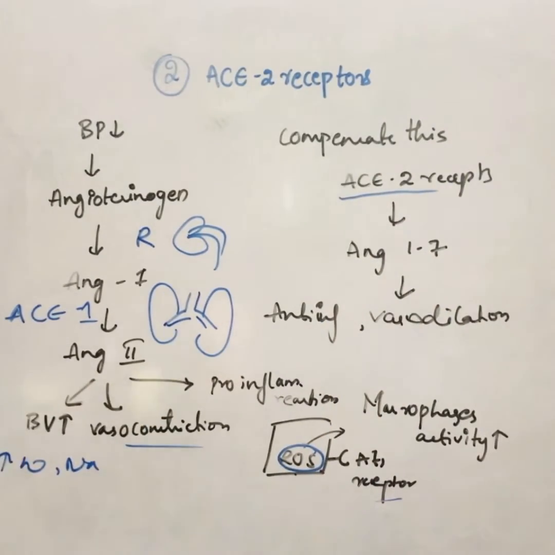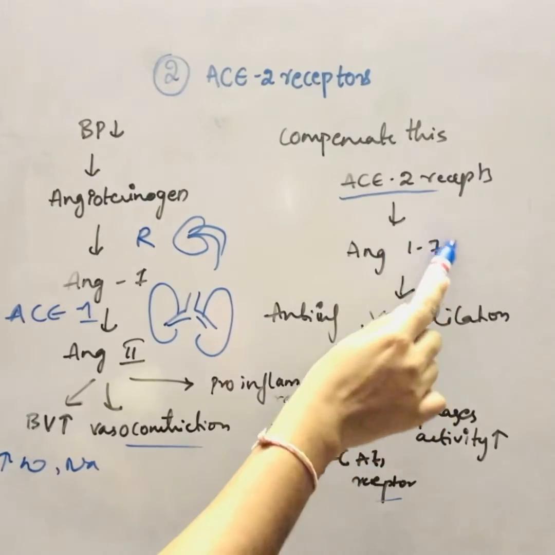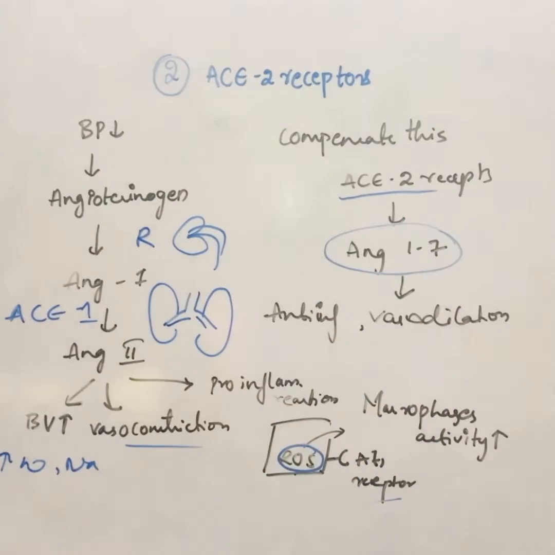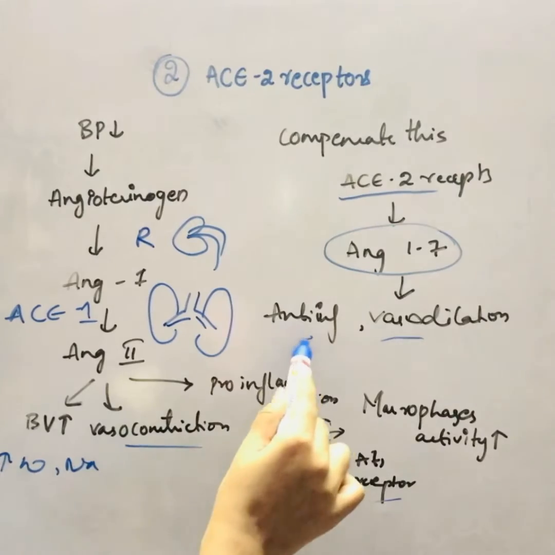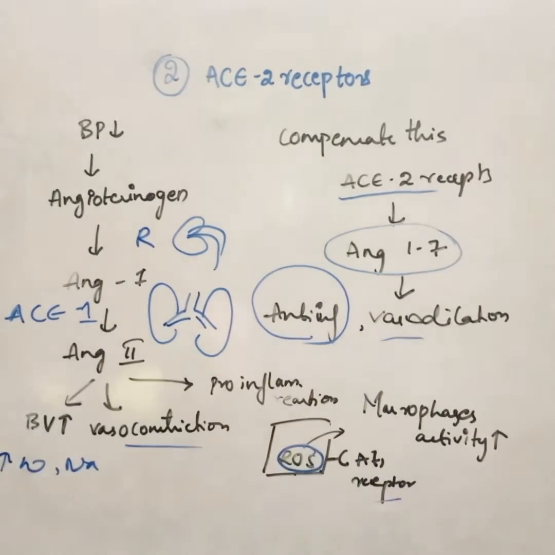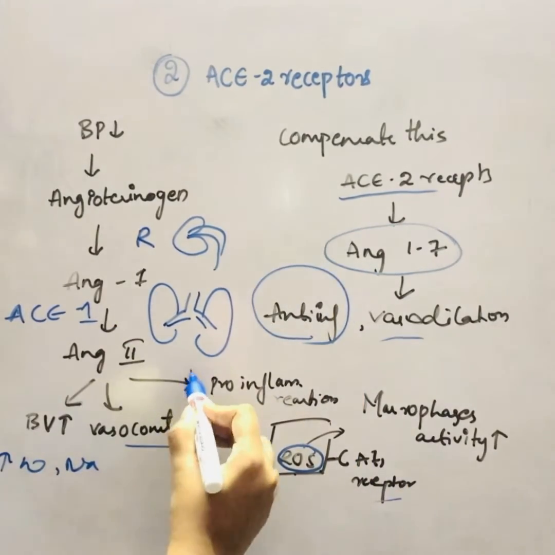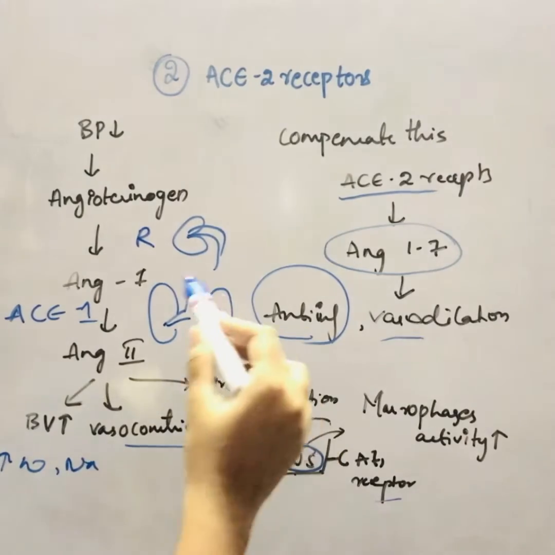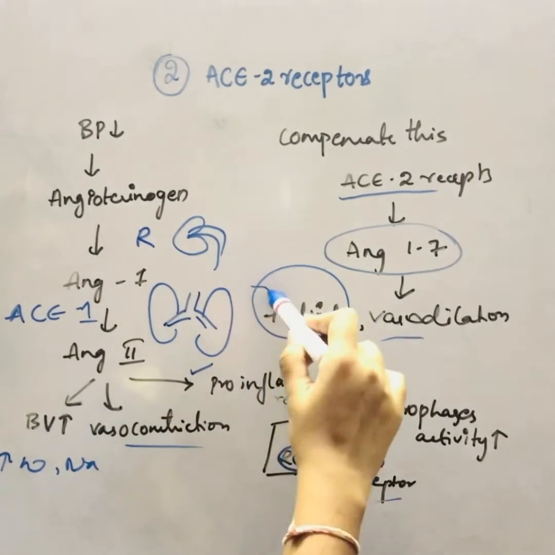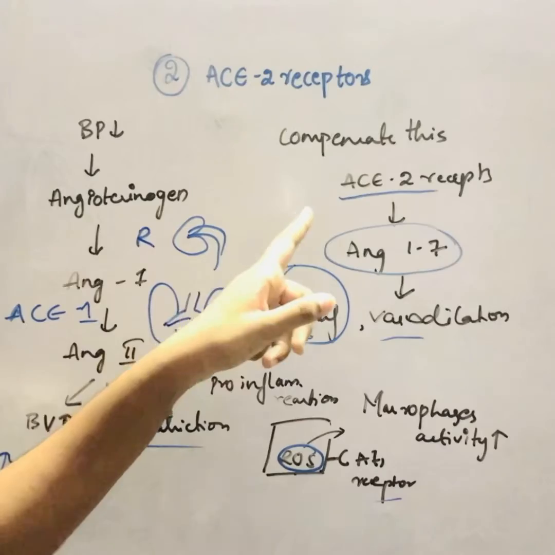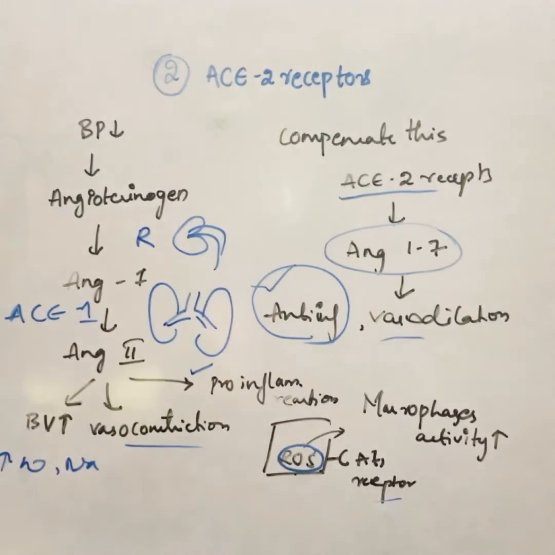When they bind with ACE2 receptors, angiotensin 1 to 7 is formed here. The function of this angiotensin 1 to 7 is that it acts like a vasodilator and like an anti-inflammatory. To compensate this pro-inflammatory action, the angiotensin 2 is going to produce the anti-inflammatory by binding with these ACE2 receptors.